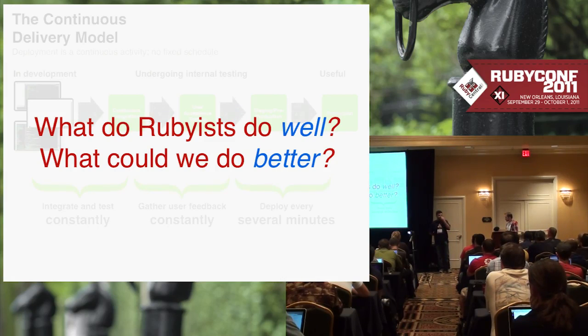So there's a symbiosis. There's a real connection between continuous delivery and Ruby development. But I'm sure there are things we could improve. There's always room for improvement. So yeah, we'll try and focus on that a little bit now.